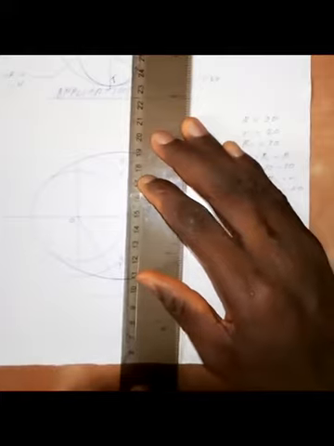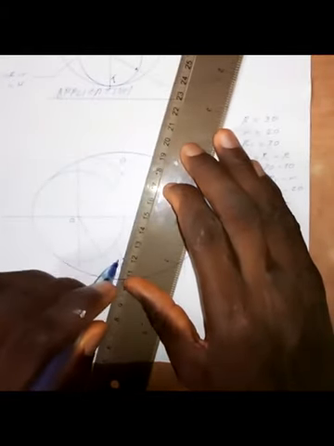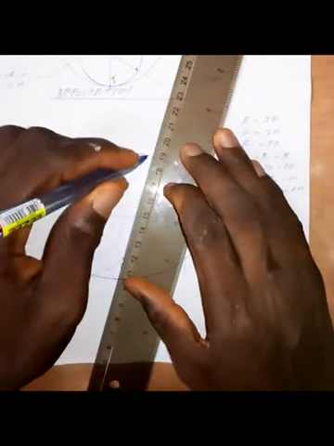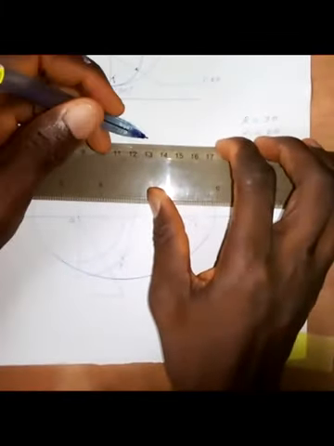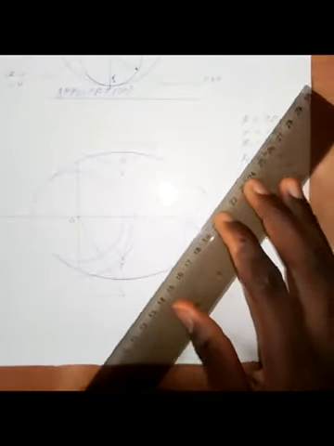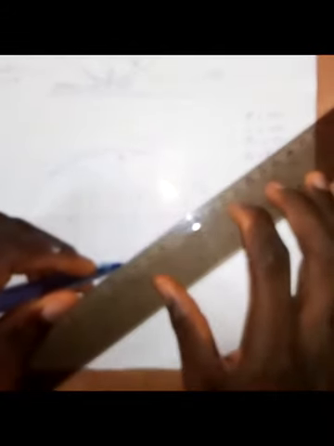And from point P, I'll just do it on one side, point P to this point. And from here to here.